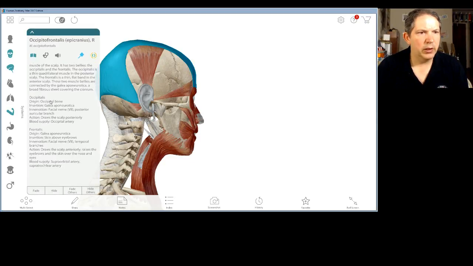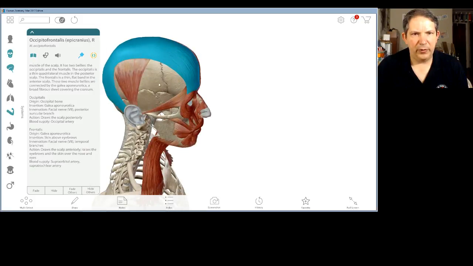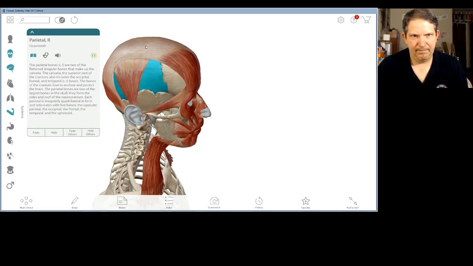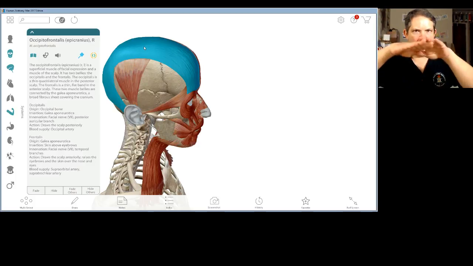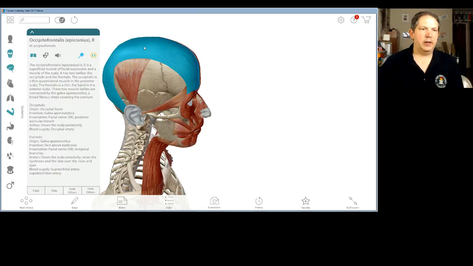Now, do we have more details here? Yes, we do. If we click on the little thing here, we can see the origin. Galea aponeurotica, that's this epicranius, this tendinous sheath here is the galea aponeurotica. An aponeurosis is a broad tendinous sheath.